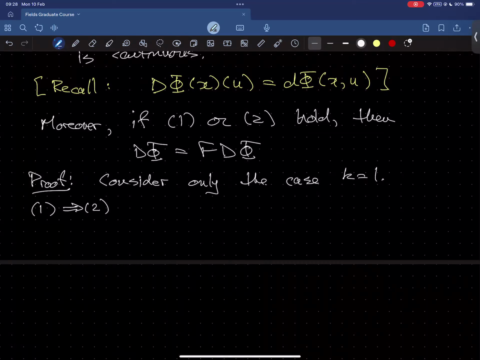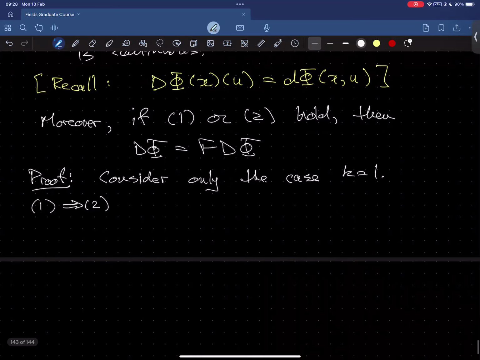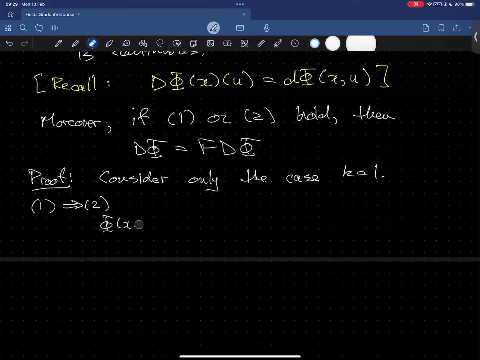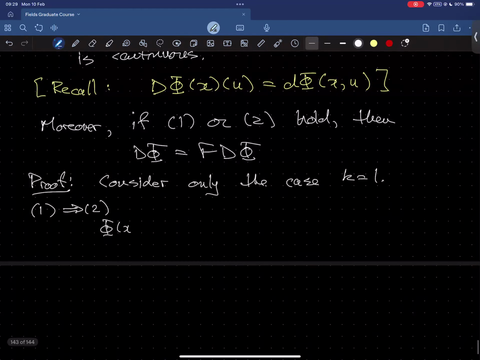I have to write down the difference quotient and then show that the limit as t goes to 0 exists. The difference quotient is phi of x plus tu minus phi of x over t. Here x is in O, u is in big U, and t is small enough so that the expression that I'm writing down makes sense.